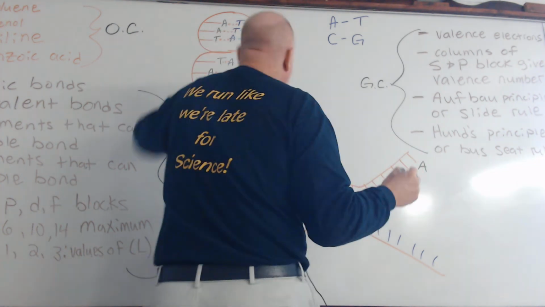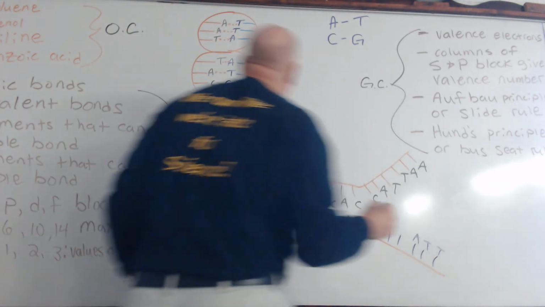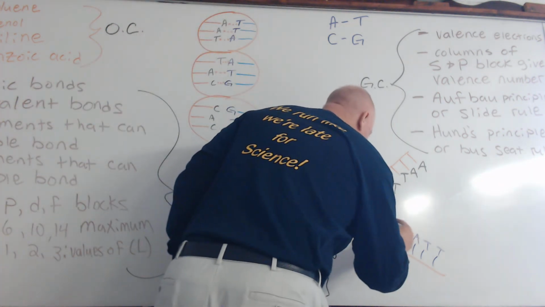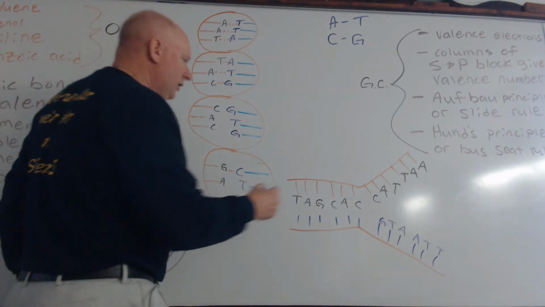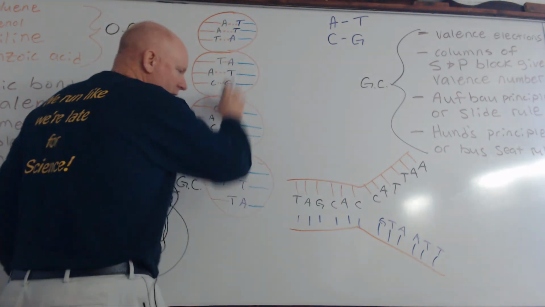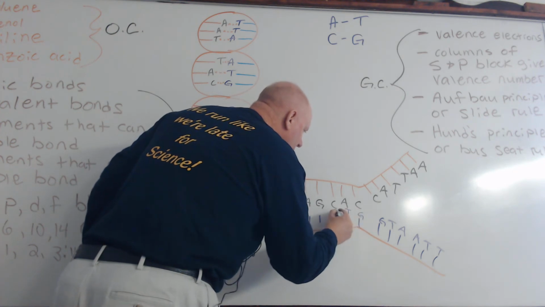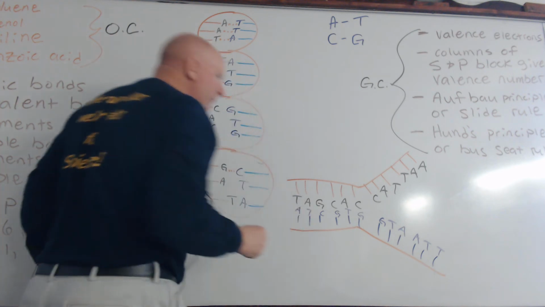But okay, so we have TTA. ATG. Okay, and then of course we don't necessarily have to look up there. We can just go G, T, G, C, then T, and then A.